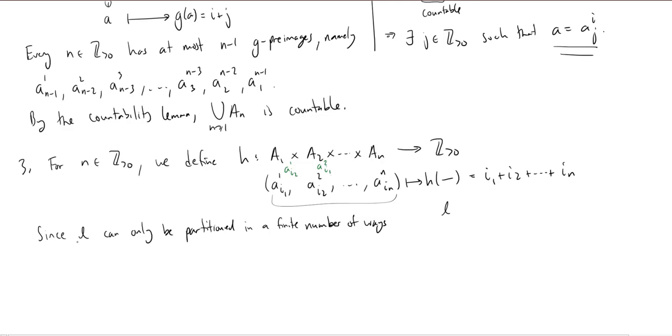So L can only be partitioned in a finite number of ways, and each partition can only be permuted in a finite number of ways.